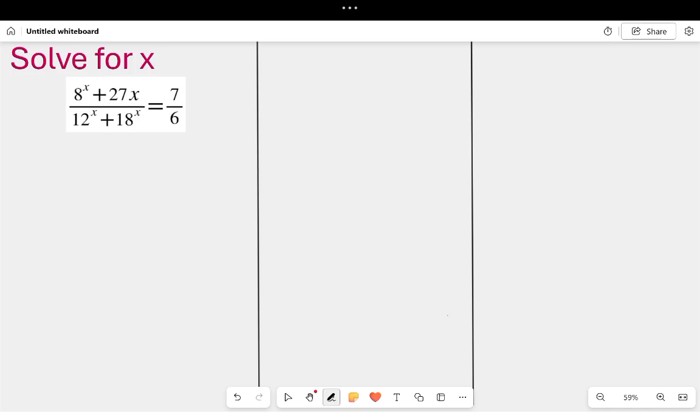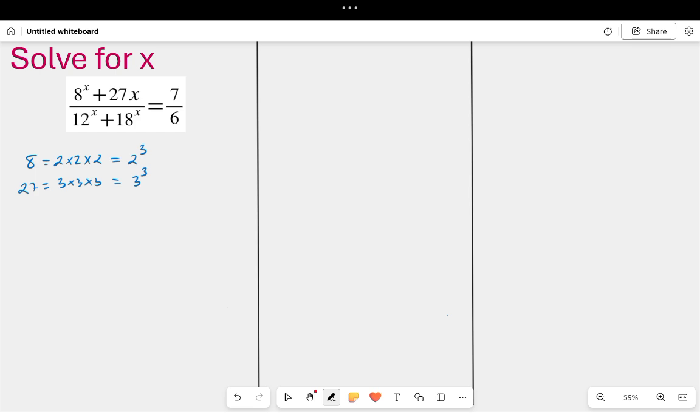Now, the first step in solving this, we are going to evaluate the bases. Okay, so 8 can be written as 2 times 2 times 2, which is equal to 2 cubed. Then 27 can be written as 3 times 3 times 3, which is equal to 3 cubed.